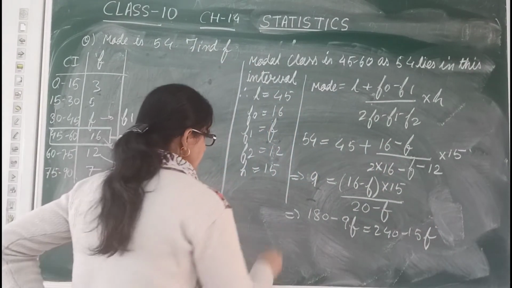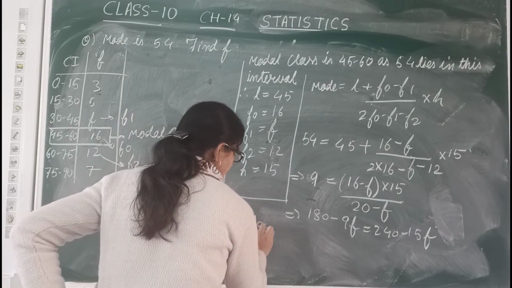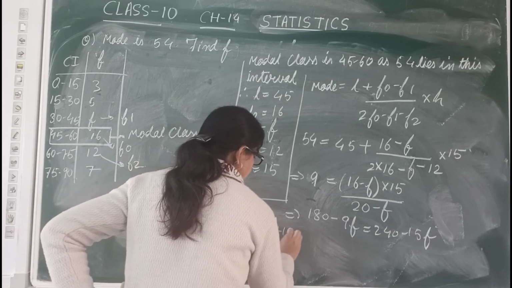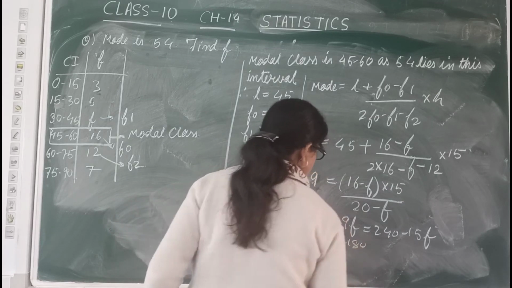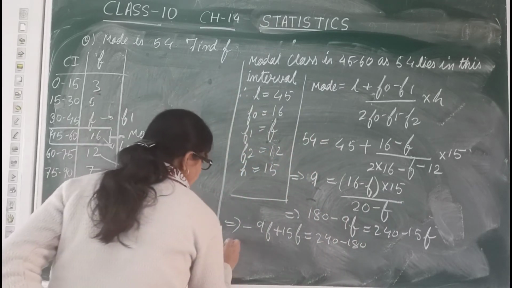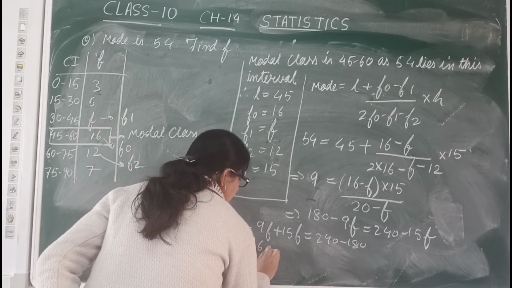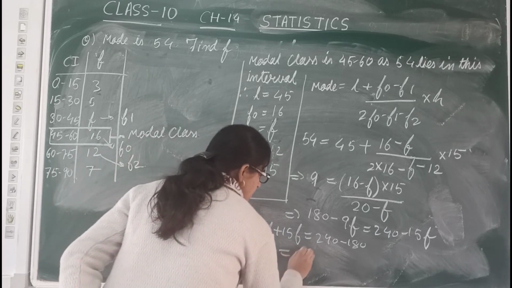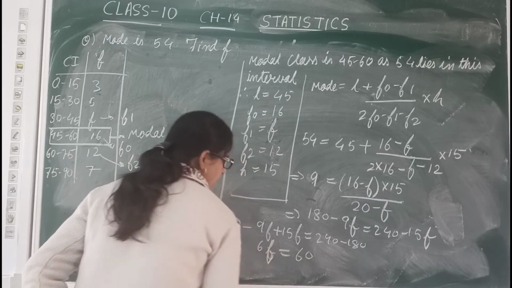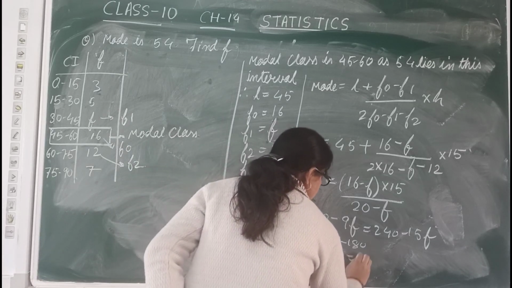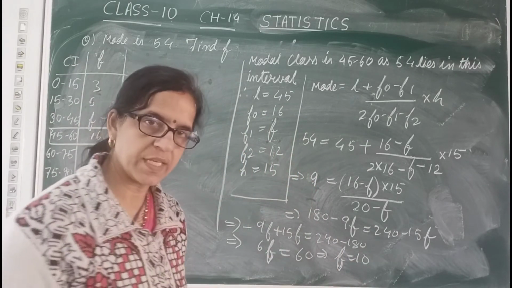So this will be minus 9f plus 15f equals 240 minus 180. This implies 6f equals 60. This implies f equals 10. Therefore, our missing frequency f is equal to 10.